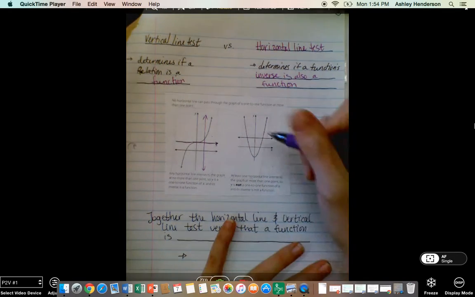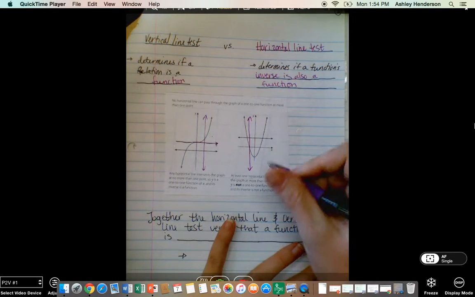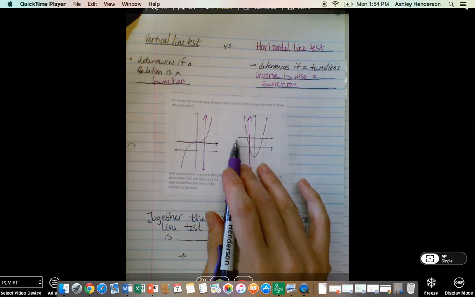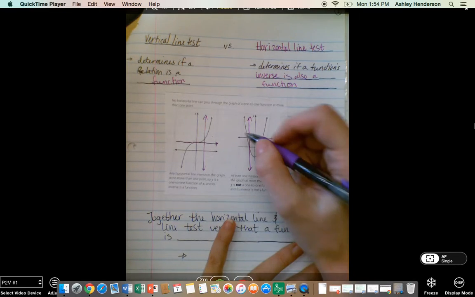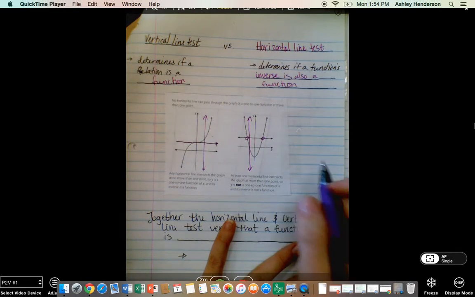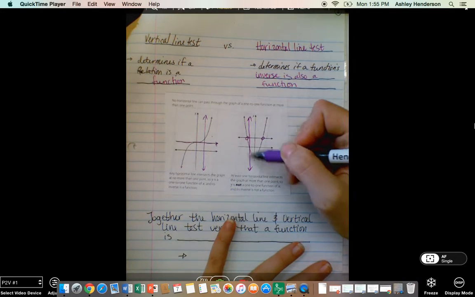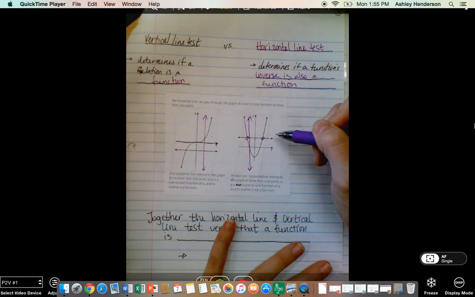Here we have a quadratic, which we know passes the vertical line test, but it doesn't pass the horizontal line test. We have two x's for one y, which means that even though this is a function, its inverse would not be a function unless we restricted the domain.